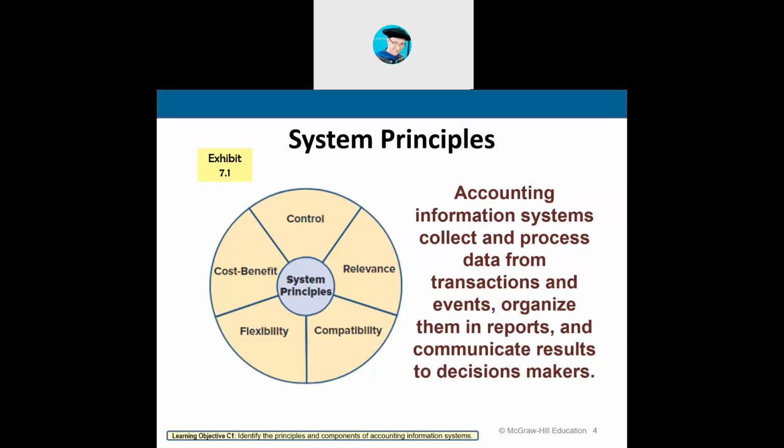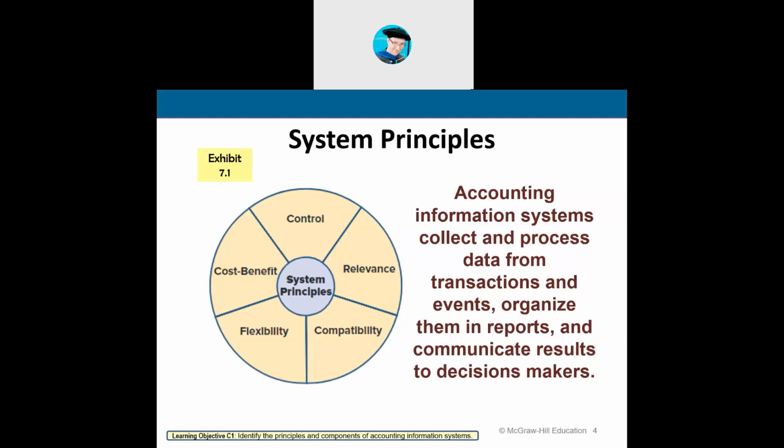We organize that data in a logical system that helps communicate that information to decision makers, moreover through financial reports.